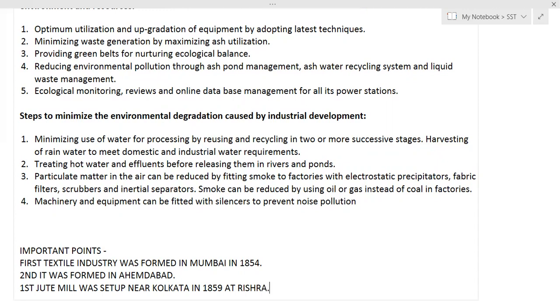I'm just typing, and I have not kept you just to read, because I'm typing so that you must learn it. The jute mills remained in India, but three-fourths of the jute producing area went to Bangladesh.